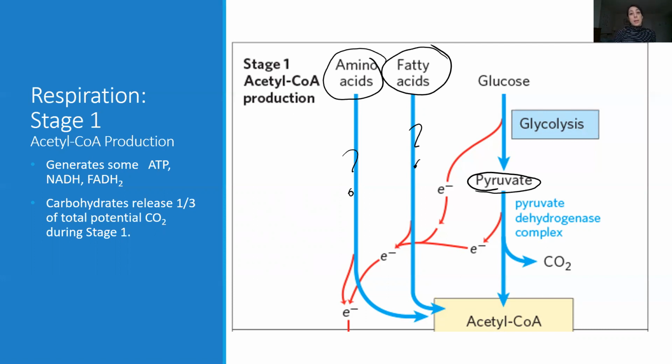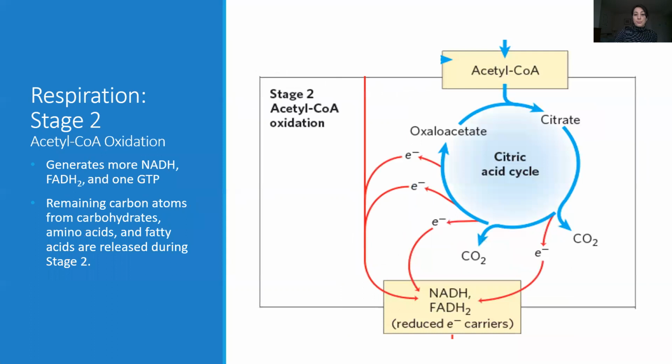It's going to generate some NADH. It also generates another molecule, FADH2, which is again a similar high energy compound to NADH, and we'll be talking more about that. And it's going to help release some of the energy from the pyruvate complexes as CO2.